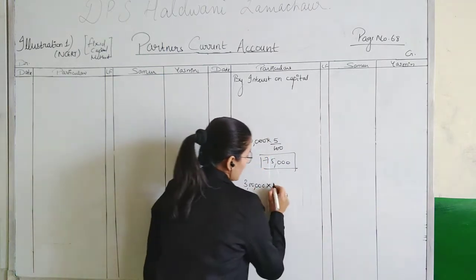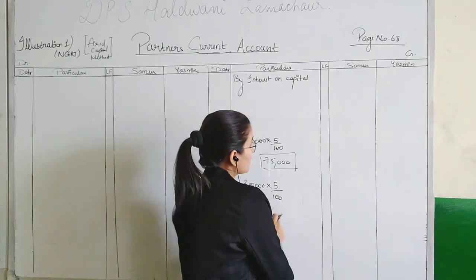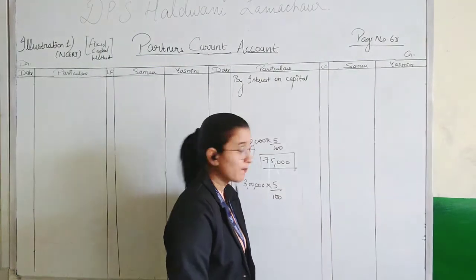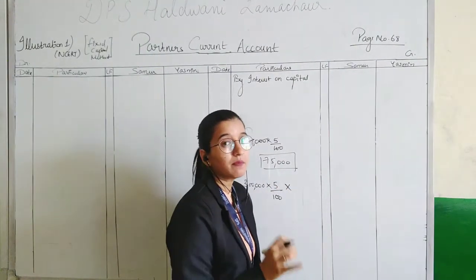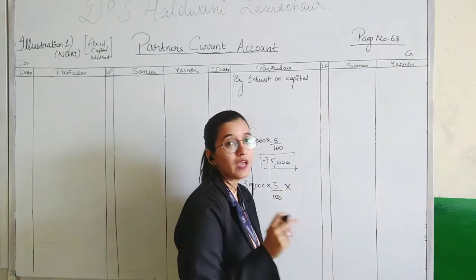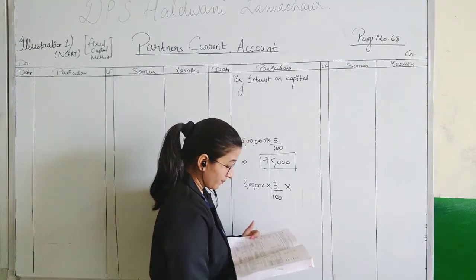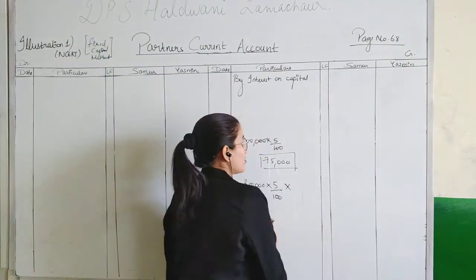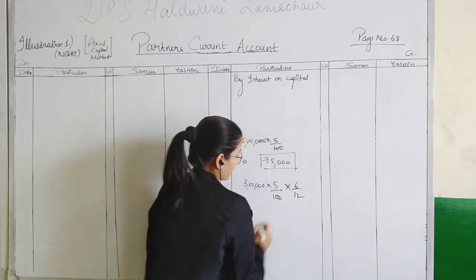So we'll charge the interest at the rate of 5%. Capital was brought into the business on 1st July. So we will charge this interest on capital for the time period of 6 months. Why? Because the books are closing at the end of 31st March 2015. So the time period from 1st July to 31st March is 6 months.